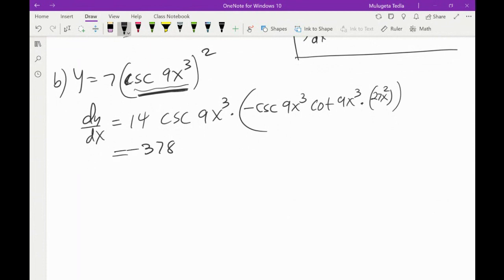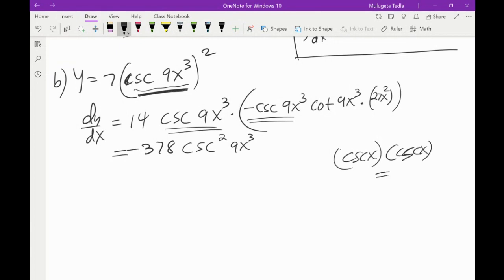And I have a negative sign, and I have cosecant to the first power and cosecant to the first power. So when they multiply, they get the second power of 9x cubed. Cosecant of x times cosecant of x is cosecant squared of x.